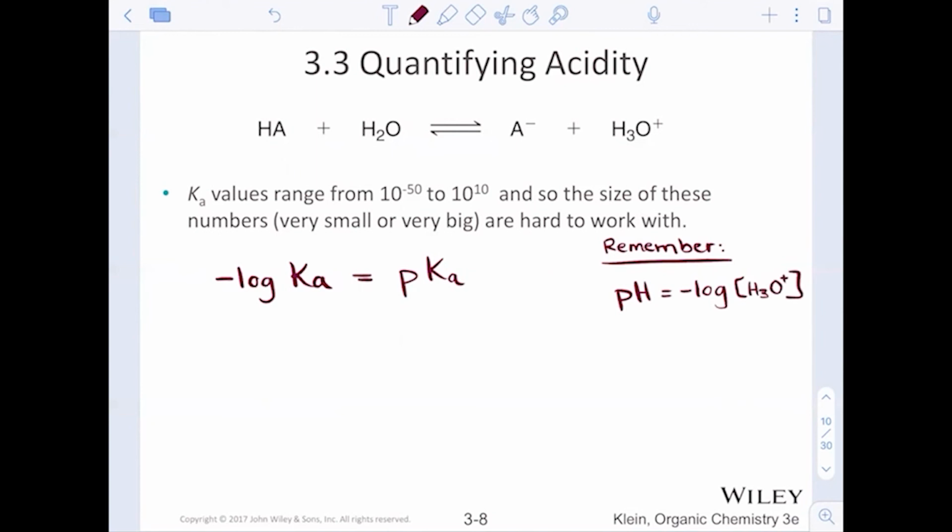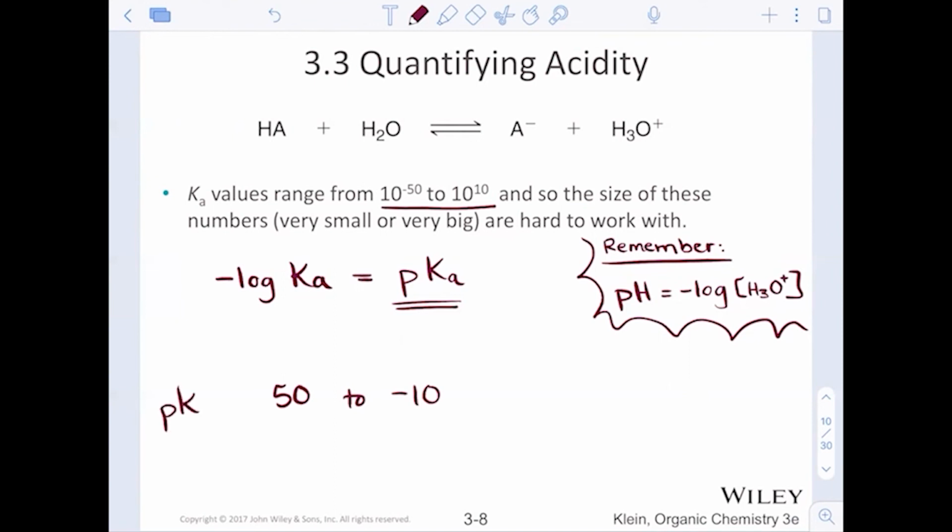That pH idea, P being the negative log function, is how we get this pKa. And this pKa is extremely helpful because it takes that log base 10 scale and changes our 10 to the negative 50 to 10 to the 10 range, and gives us a range of 50 to negative 10 now. So our pKa range has gotten a little bit easier to handle.